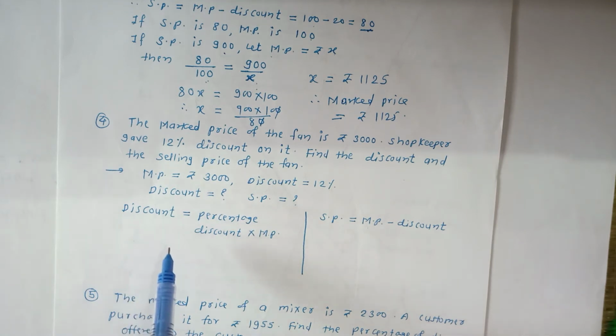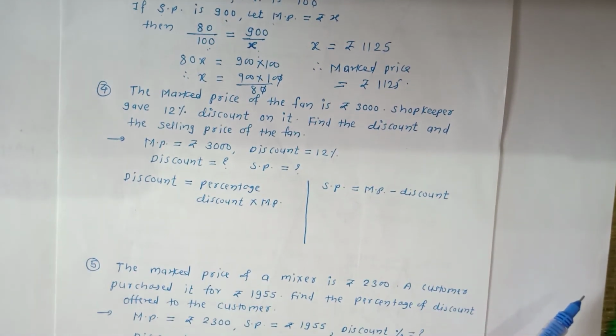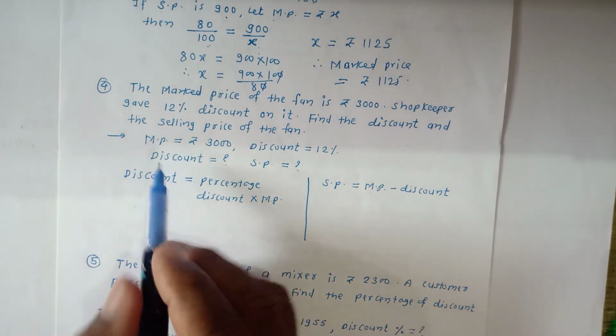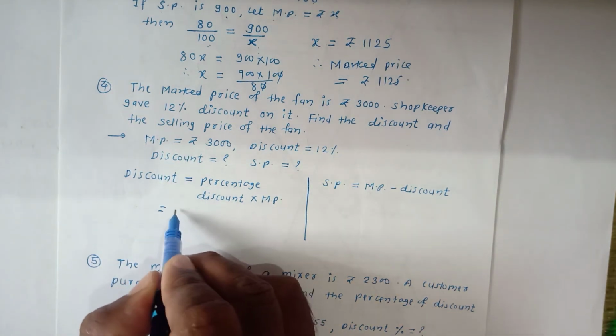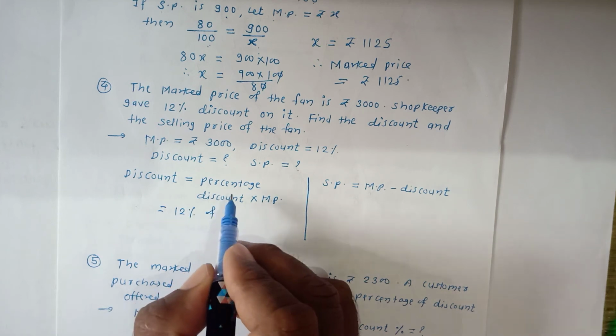So the formula for discount is percent discount into MP. Discount is always given on the mark price. So discount is equal to percentage discount into MP. So that is equal to 12% of MP.